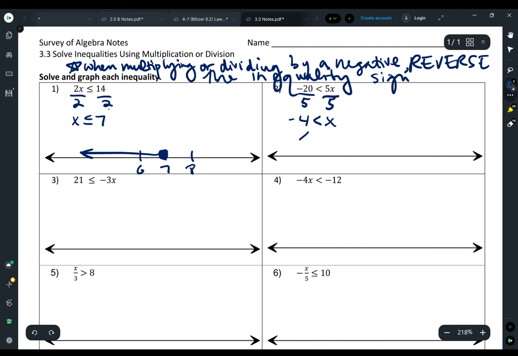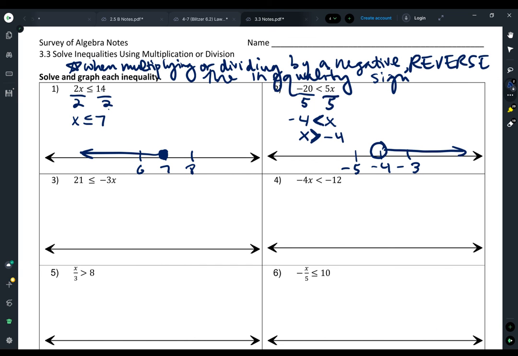And so if I want to flip this inequality around, I also need to flip around the sign, because here the little alligator, remember we went back to like second grade inequalities and talking about alligators. The alligator is eating the x. I need to reverse that thing so that it's still eating the x. So then I'm going to graph -5, -4, -3, and then greater than means I am going to go to the right.